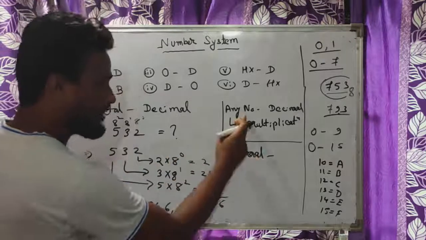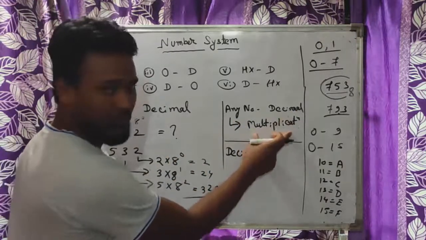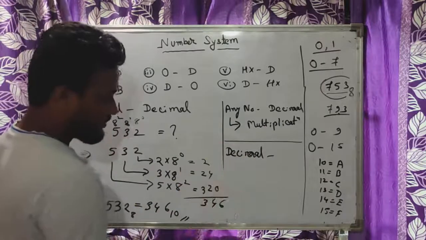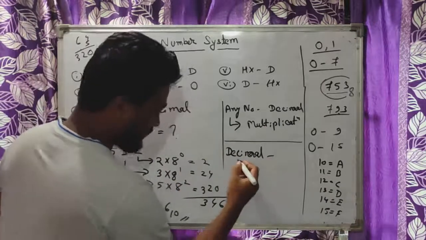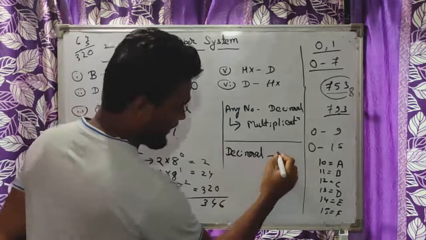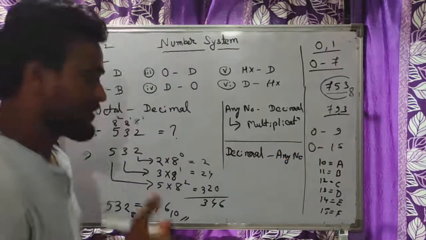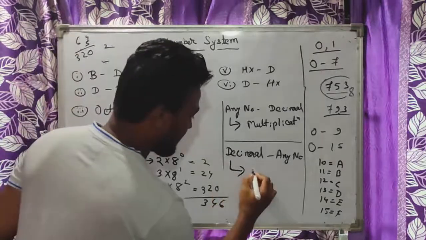From any number to decimal number, we are going to follow multiplication. And from decimal number to any number, we always use the division method. Just remember this one.